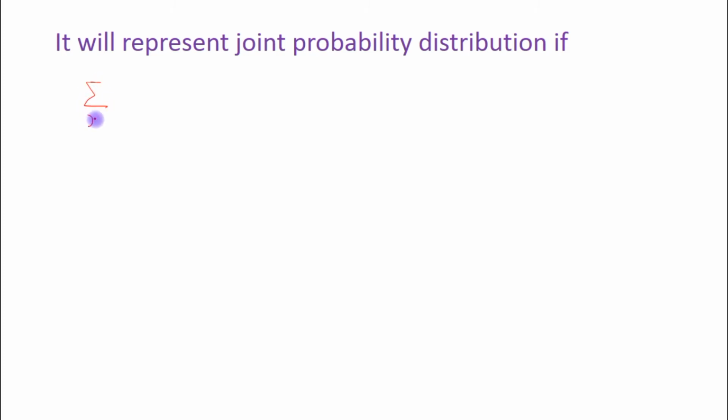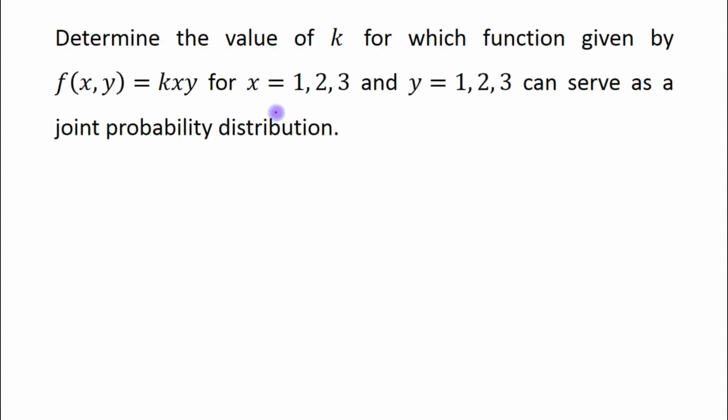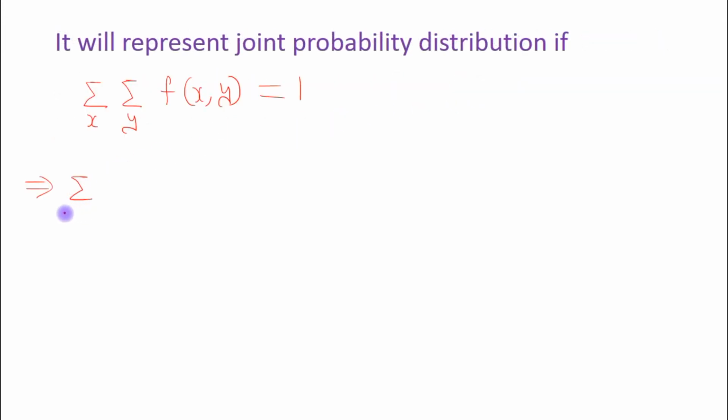sigma x, sigma y, f(x,y) should be equal to 1. In the next step, as the values of x have been given as 1, 2, 3 and the values of y have also been given as 1, 2, 3, so we will write sigma x equals 1 till 3.